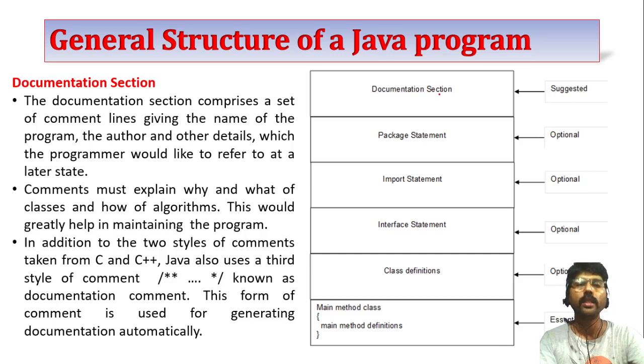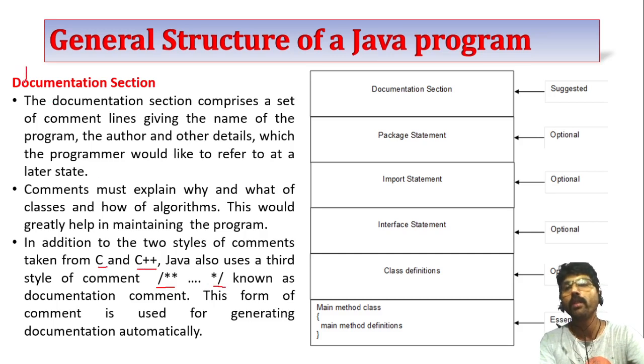This documentation section is written inside a special comment starting with slash star star. Then I write the comment, just like a multi-line comment, then star slash. Java also supports some other comments provided by C and C++.